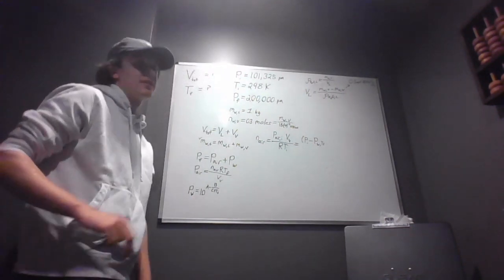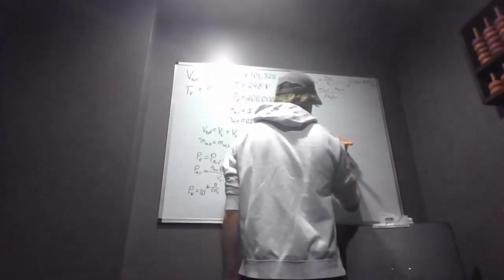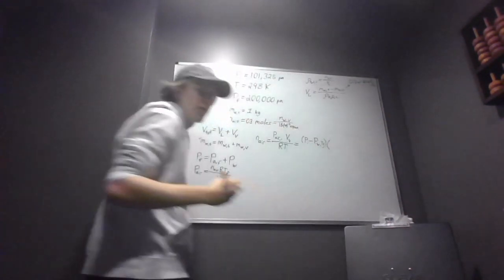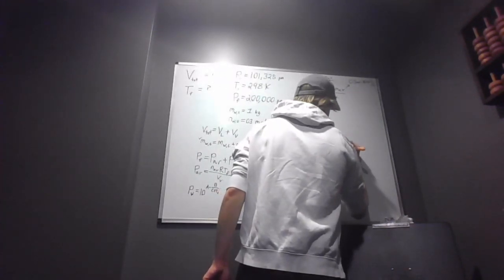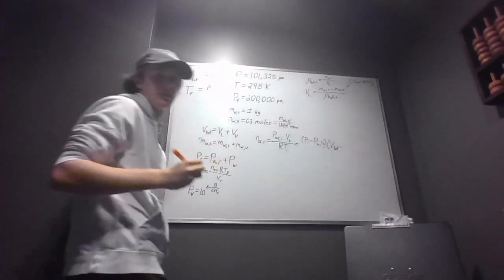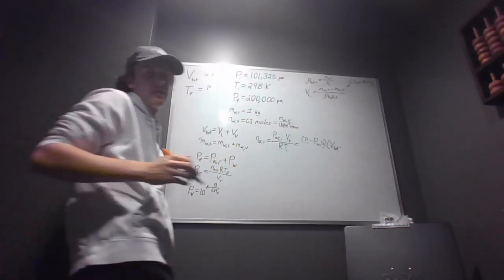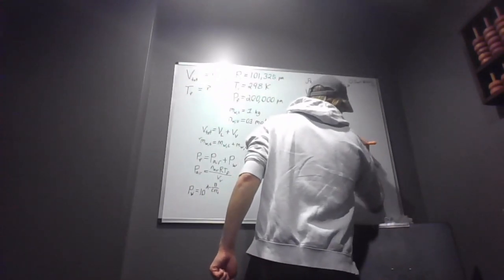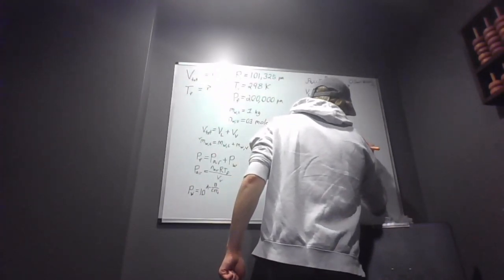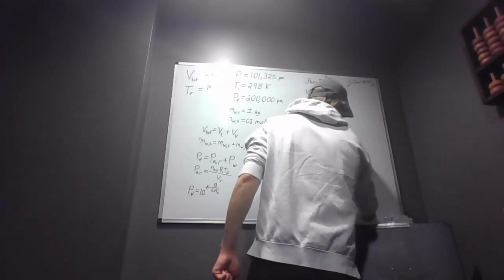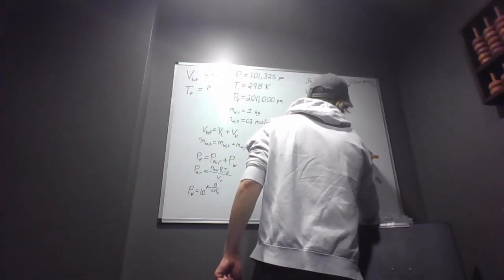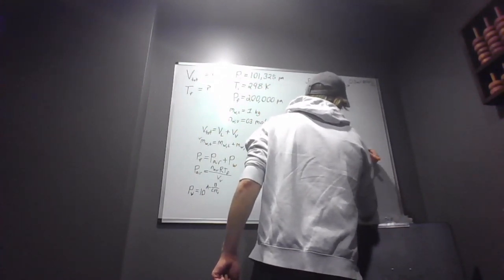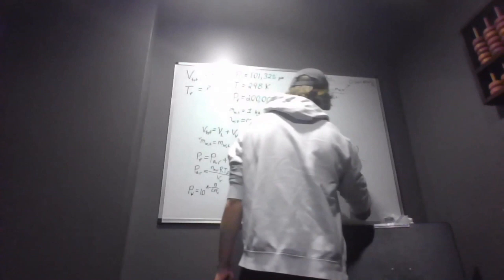And then we can split up this volume of the vapor phase into the total volume minus the total mass of the water over the density. And all this will still be over R times the initial temperature.